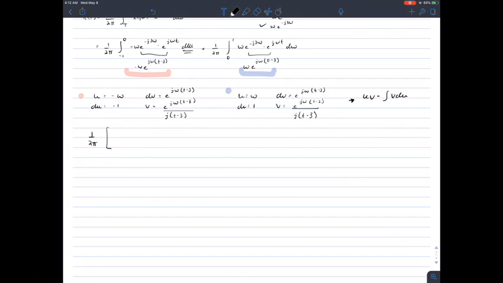I actually kind of wrote that for myself as well. So u times v is going to be negative omega e to the j omega t minus 3 divided by j t, minus 3, from negative 1 to 0.